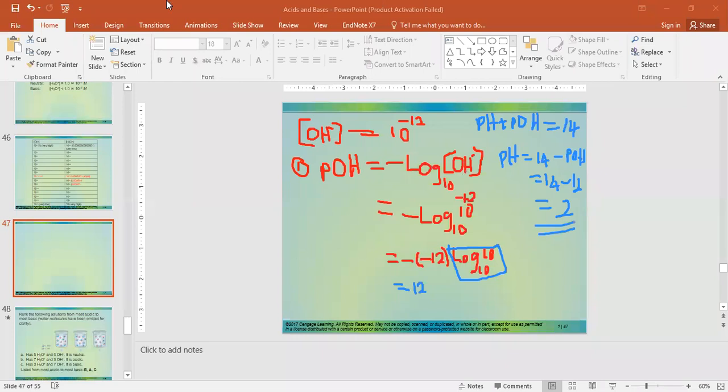So the other way of calculating the pH when you are given the concentration of the OH is, can I do away with these writings? Yes, Patience, ask your question.